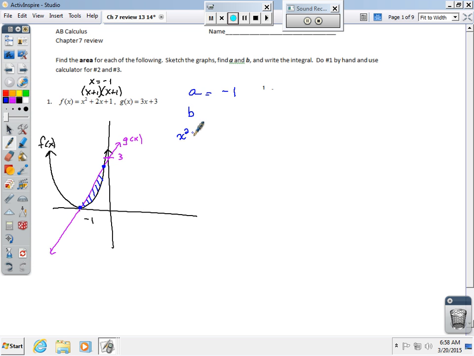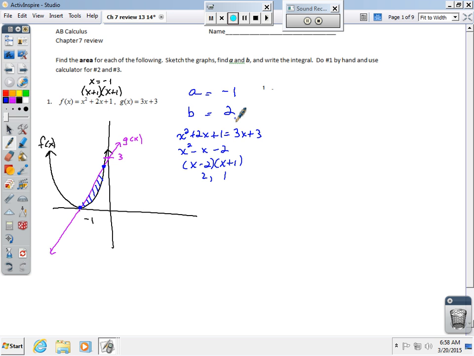So x squared plus 2x plus 1 equal to 3x plus 3. So that's x squared minus x minus 2. So x minus 2 and x plus 1, so at positive 2 and -1. So this is actually on the other side of the y-axis, but that's fine.